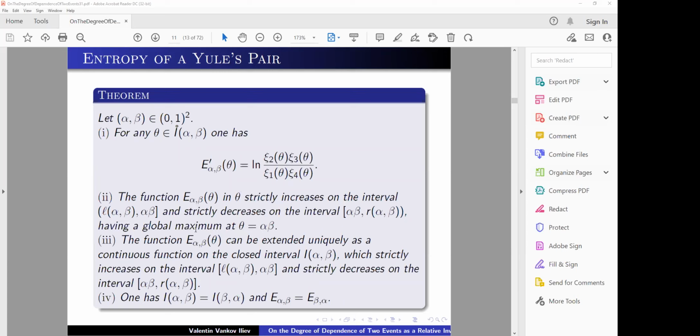Then the function can be extended uniquely as a continuous function on the closed interval I_alpha_beta, which strictly increases on this interval and strictly decreases to the right. And moreover, there exists such a symmetry: E_alpha_beta is E_beta_alpha. So this theorem can be proved as an exercise in calculus. It's easy and shows that everything is okay, I mean, I'm on the right track.